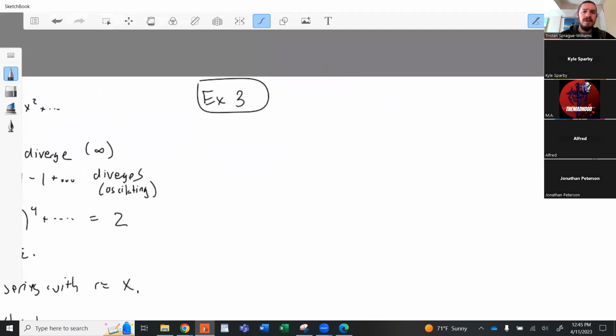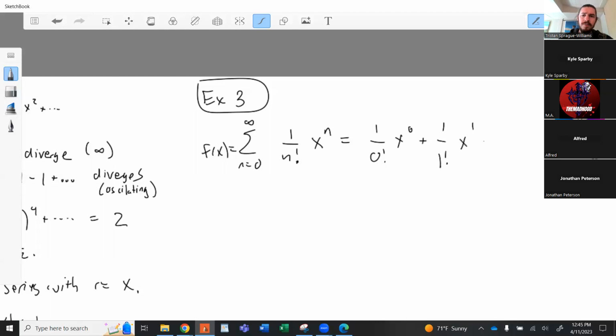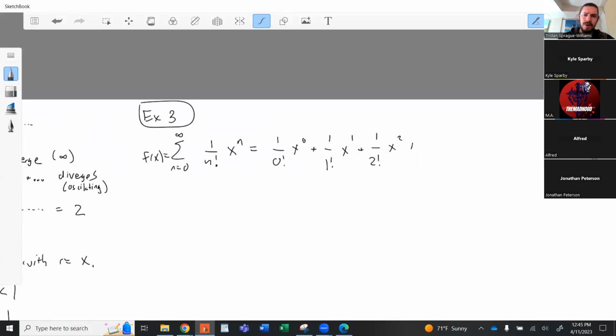Let's look at the sum from n equals 0 to infinity of 1 over n factorial x to the power n. This is a good one. So now we've got 1 over 0 factorial x to the 0, plus 1 over 1 factorial x to the 1, plus 1 over 2 factorial x squared, 1 over 3 factorial x cubed, 1 over 4 factorial x to the 4th.